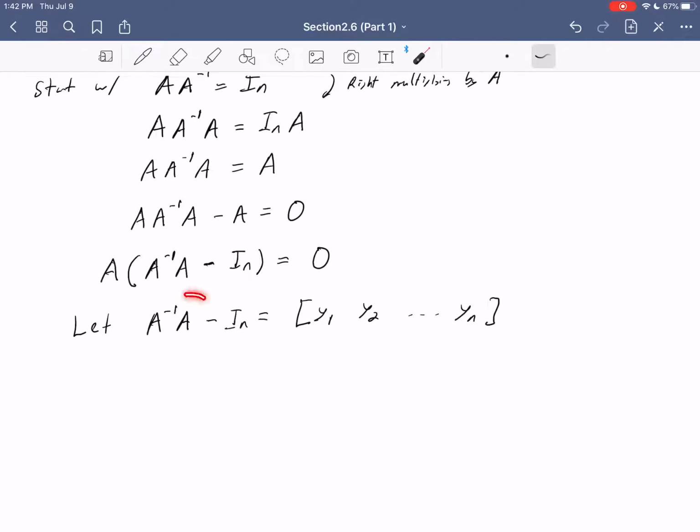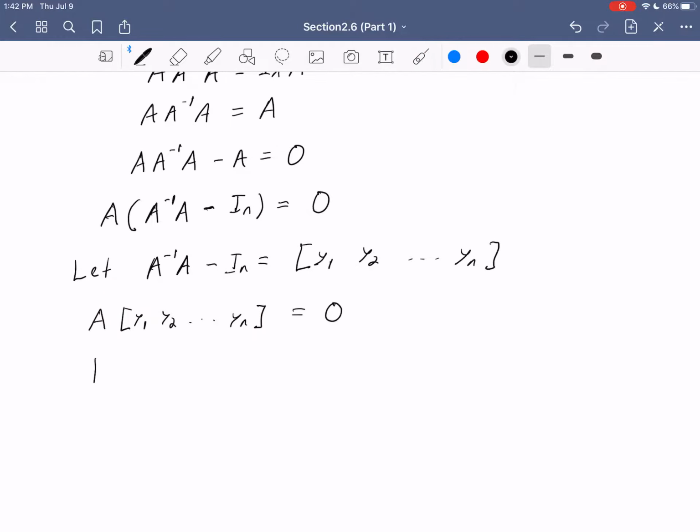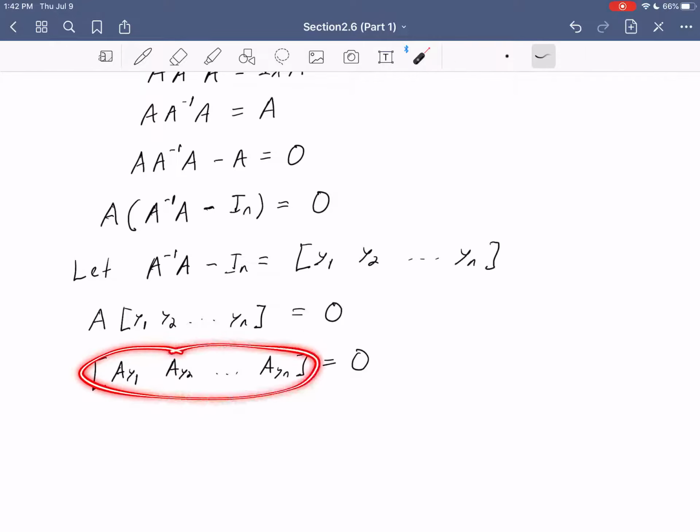As long as I redefine this like that, we can say that then we have A times y1, y2, yn is equal to 0. So again, we take rows of this and multiply by these columns. So we can just put this onto each of them. So now this has columns Ay1, Ay2, Ayn equals 0.